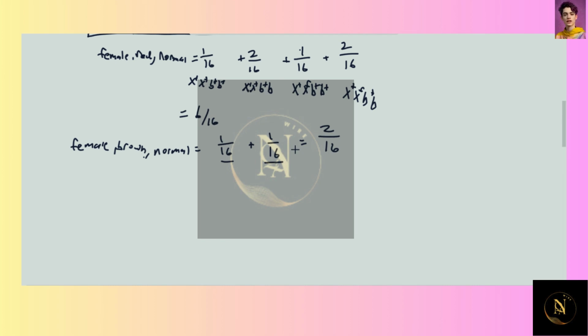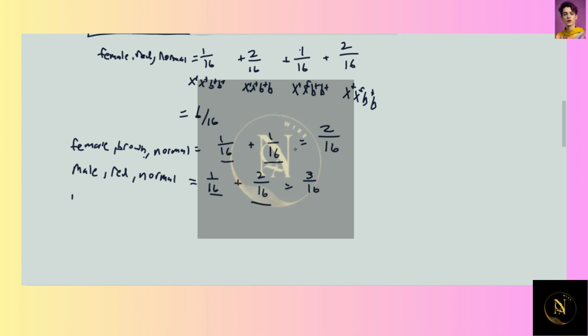We also have a male with red eyes and normal bristles. This phenotype is 1/16 plus 2/16, that would be 3/16. This phenotype was the X+Y B+B+, and this one would be the X+Y B+b in the table.